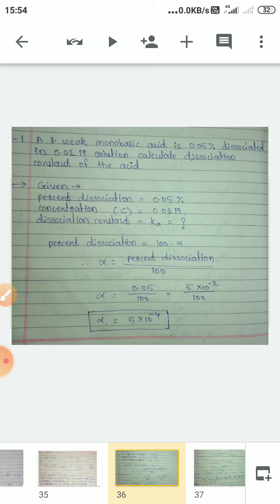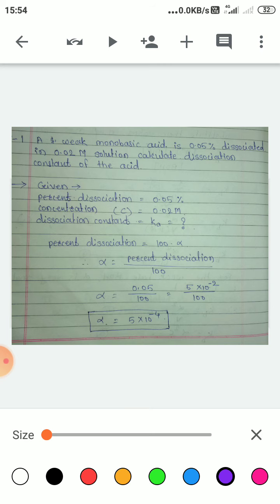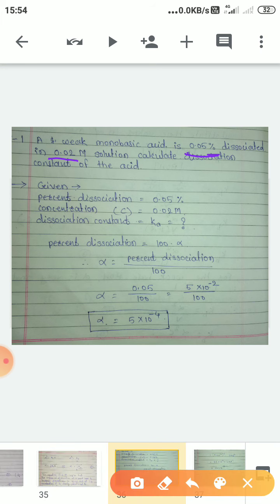Now see what numerical we have been given. A weak monobasic acid is 0.05% dissociated in 0.02 molar solution. Calculate the dissociation constant.